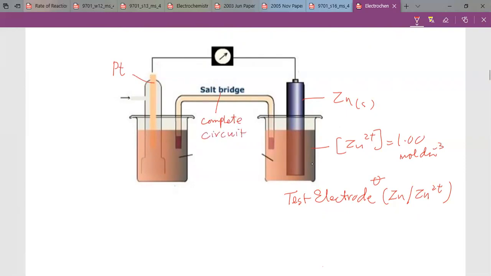Now this is immersed inside here. I pass in the gas I want, hydrogen gas, at a pressure of 1 atmosphere, quite a strong pressure. No air inside here, nothing except hydrogen gas. And temperature all 25.